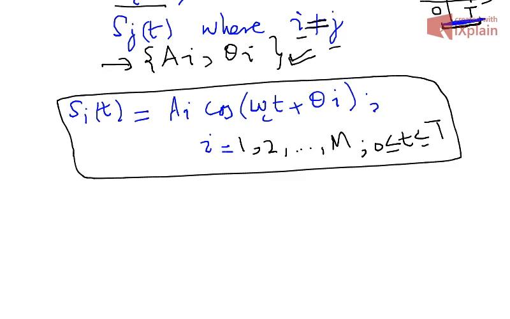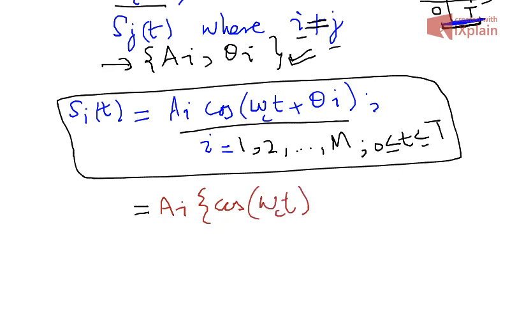Now we should be able to write this QAM symbol as a linear summation of psi 1 and psi 2. You can clearly see from this expression. If you use that mathematical identity, you can write it cos of omega c t cos of theta i plus sine of omega c t and sine theta i, right?